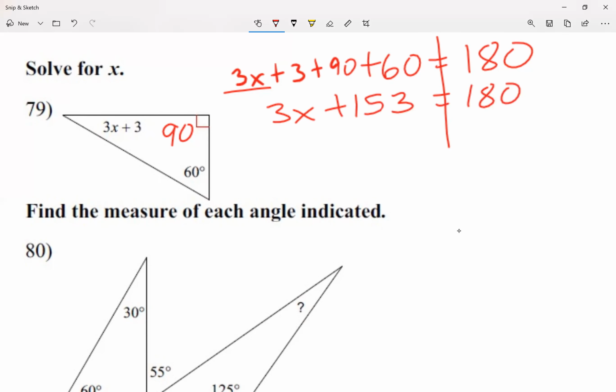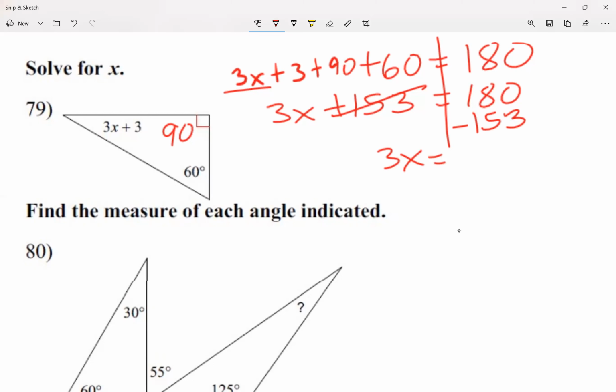Okay. I want to have the 3x by itself. So the plus 153, I'm going to cancel it on one side as long as I write it on the other side with the opposite sign. So instead of plus 153, let me write this as minus 153. Gotta switch the sign. So I have that 3x equals 180 minus 153.